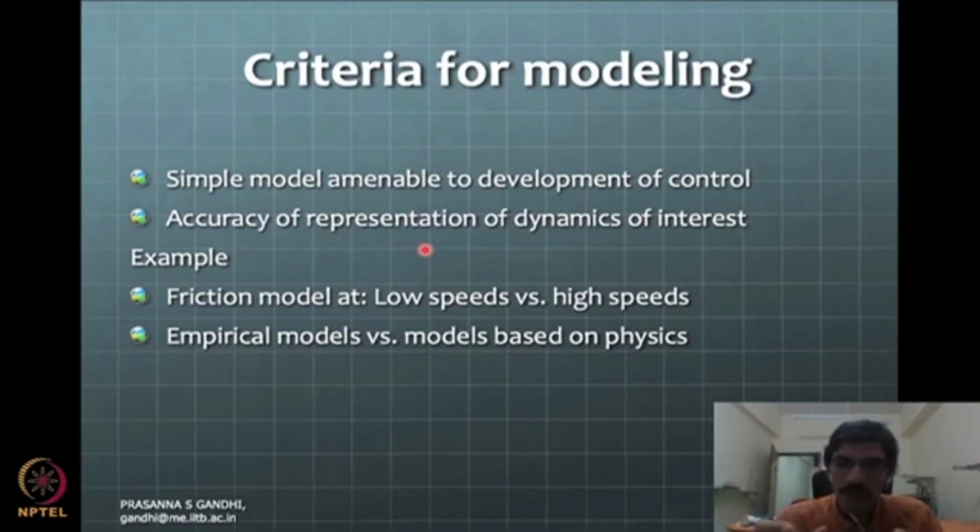And I'll identify the parameters of the model such that whatever experimental data I gather for various speeds fits reasonably well with this empirical model. Understand that empirical models are not based on the physics. They are based on the input-output experimental data, and typically they do not capture the physics of a system.